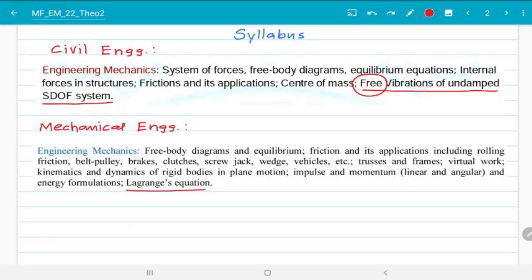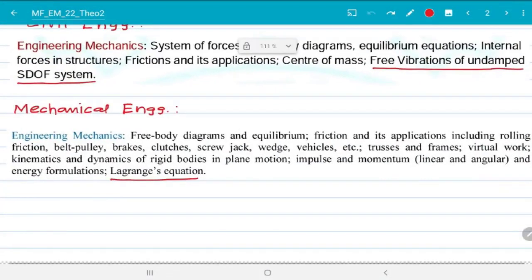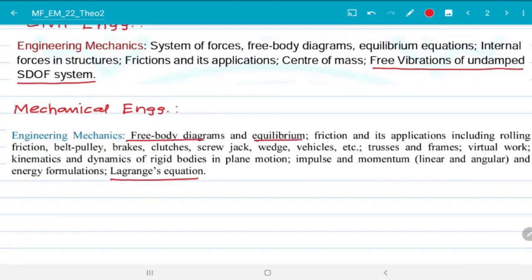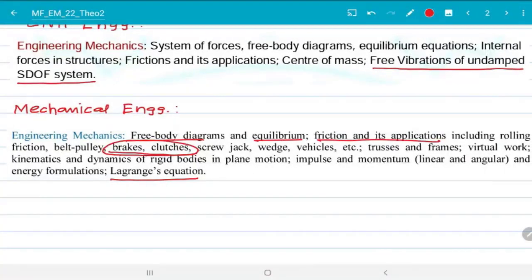Now come to the mechanical engineering syllabus. Free body diagram, equilibrium equations, friction and its applications, then brakes, clutches. Actually, we will discuss brakes and clutches in machine design. Then trusses, we will discuss here.